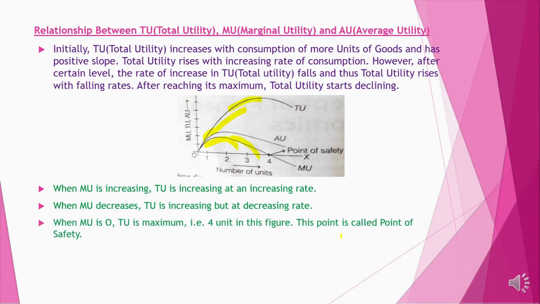When MU is 0, at this position, TU is maximum, that is at 4 units in this figure. This point is called the point of satiety. When MU is negative, TU begins to fall.